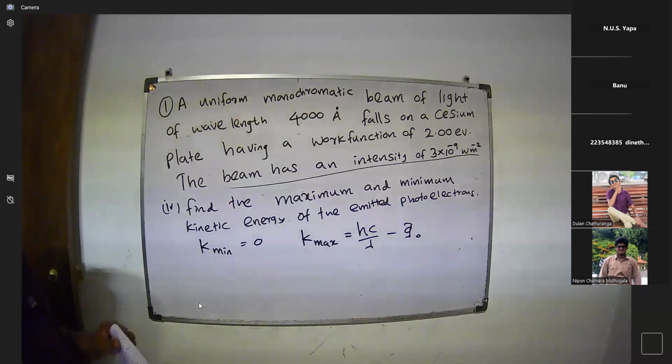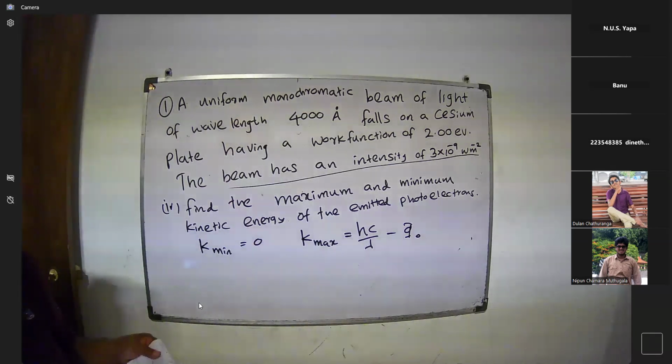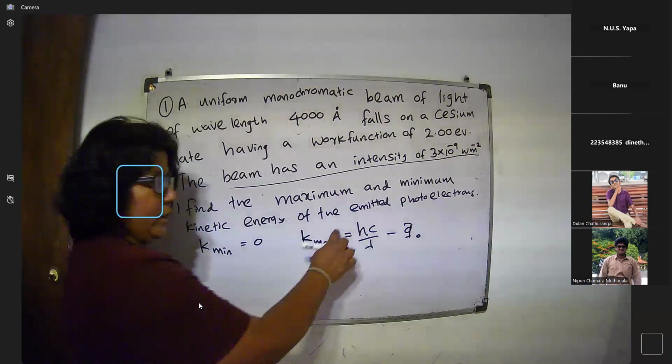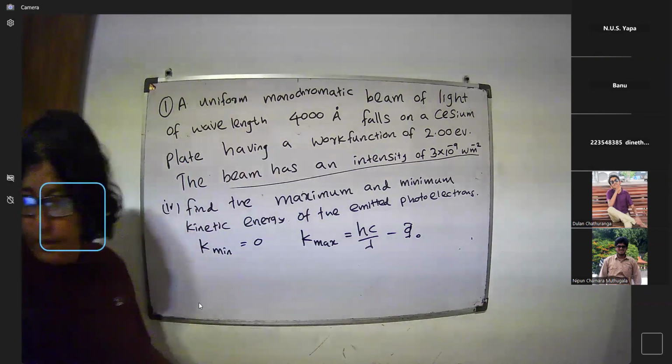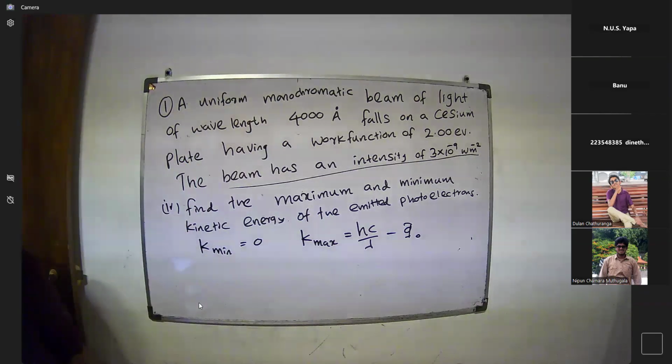This is the cesium plate. The work function is given as 2 electron volts. So you have to convert electron volts to joule. Please think about units.